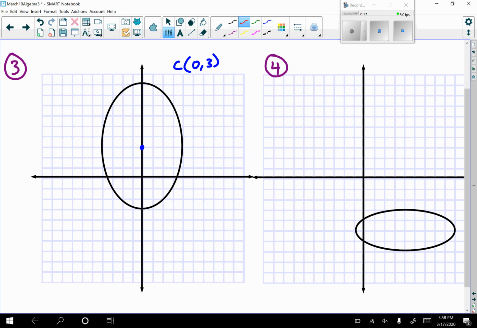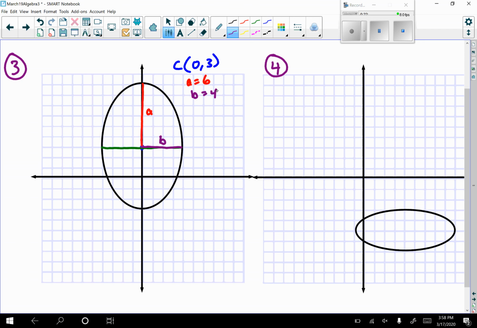And counting up gave us A. Because the entire length of our major axis, we had 6 here and 6 here, so it's 12. So A is 6, and then B, we count over all the way here, but we just need half of that. So B from here to here, I'll highlight that in another color. This is B, and B is equal to 4.